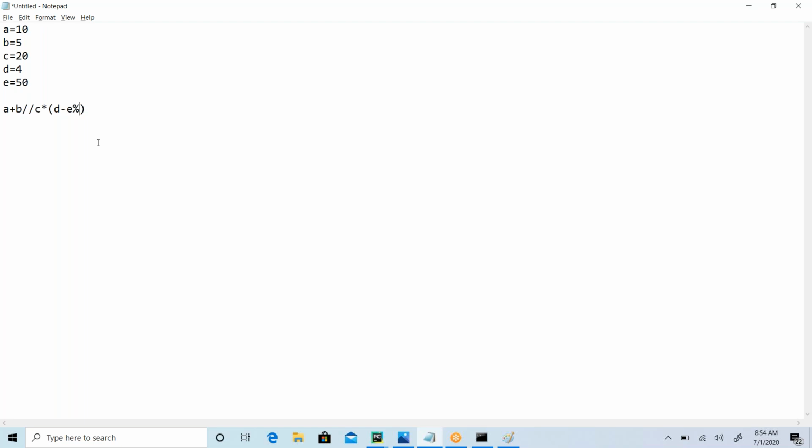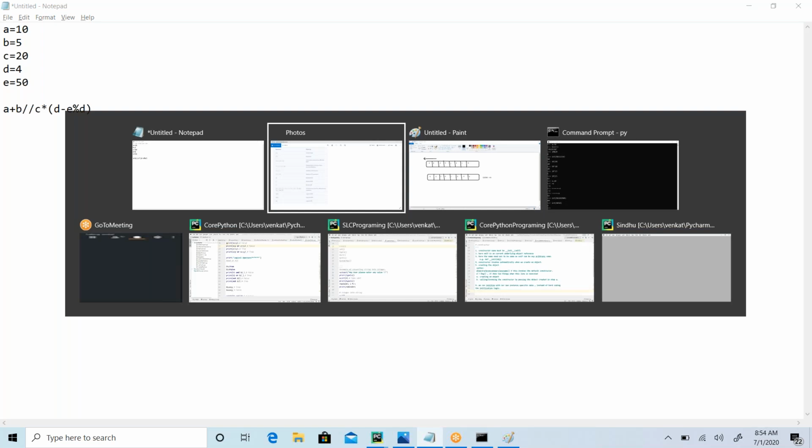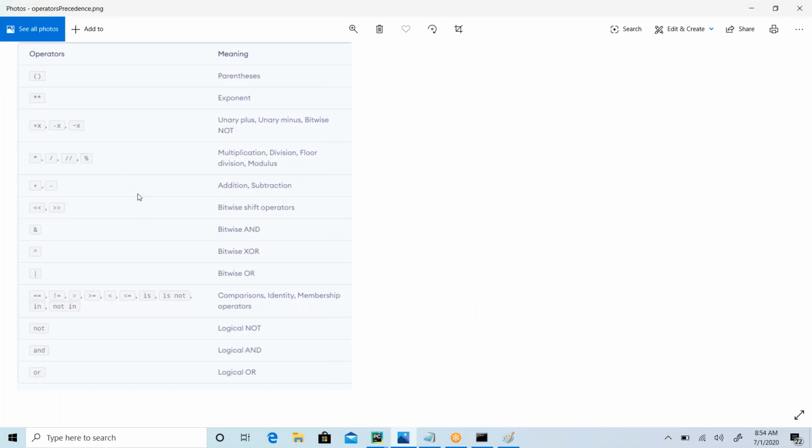Now e mod d, something like that. Our BODMAS rule doesn't help here. On what basis is this going to be applied? We definitely need to understand this chart, and based on this we have to calculate it.